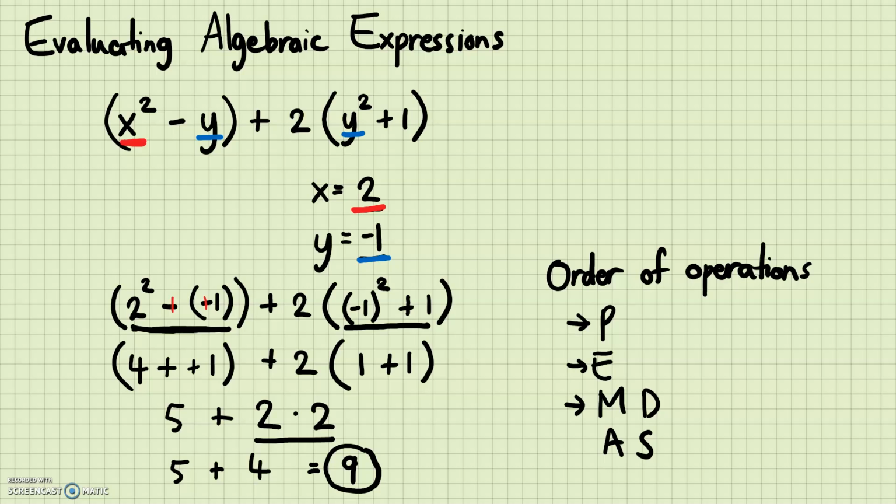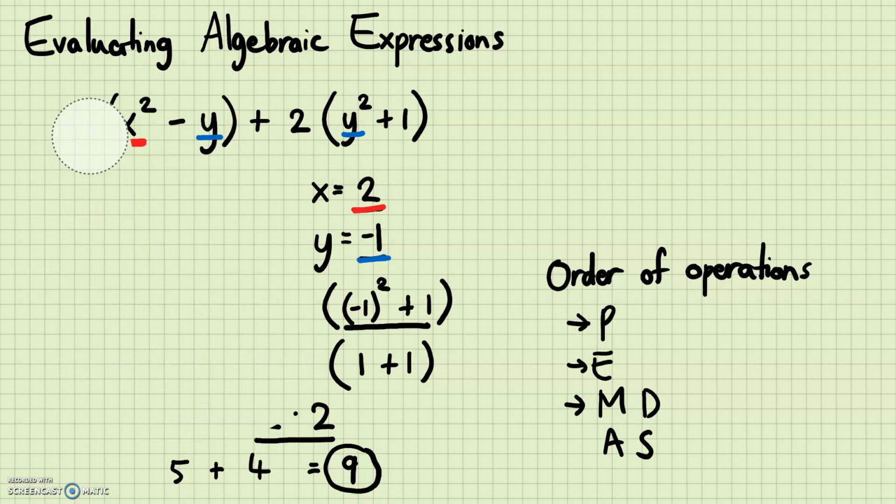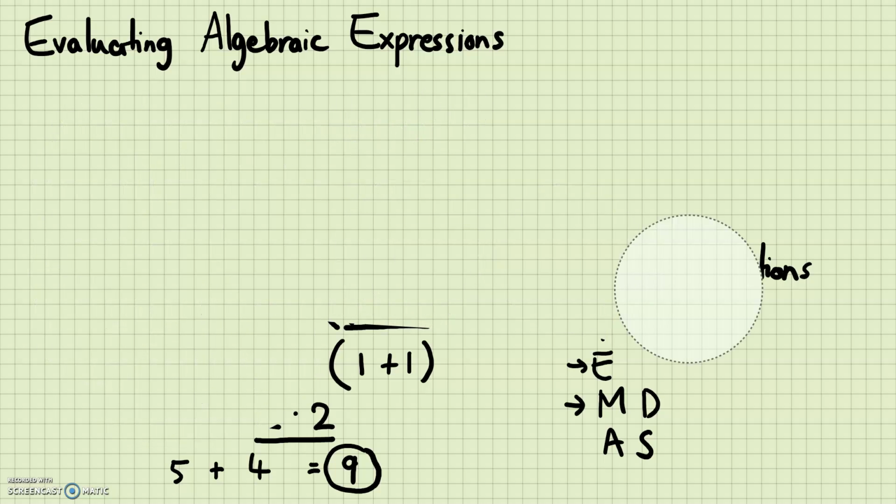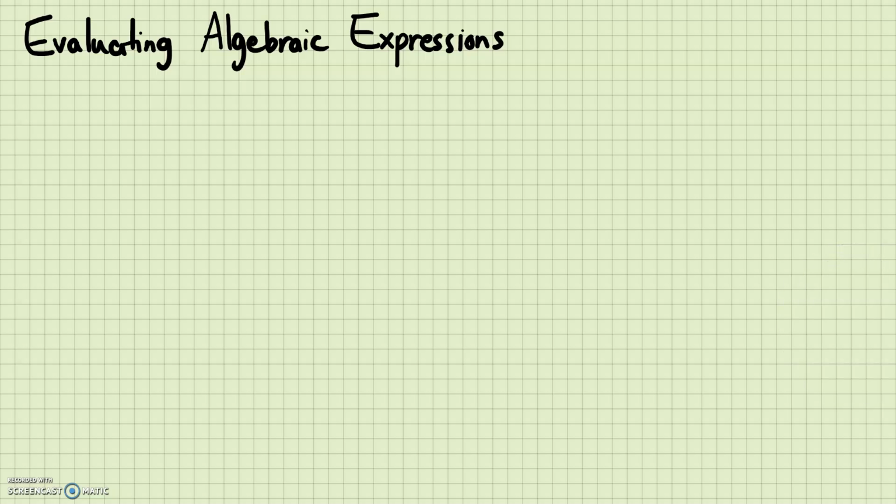Now in this case, we got a nice whole number as the answer. But in some cases, we might end up with variables as answers. So let's look at an example like that. Let's say I have a polynomial 3x squared plus 5xy minus 3.